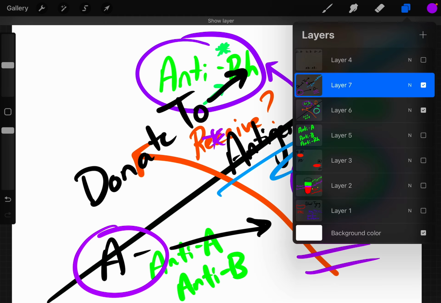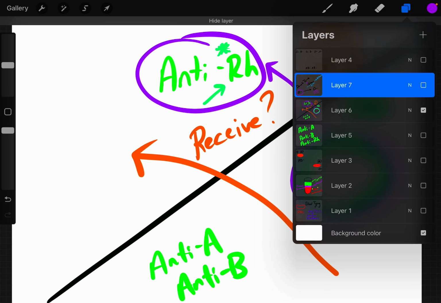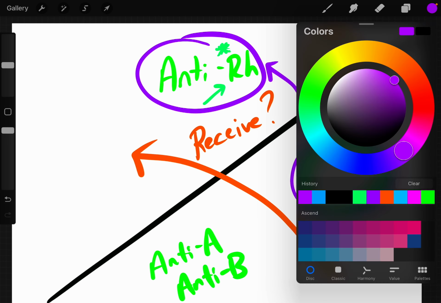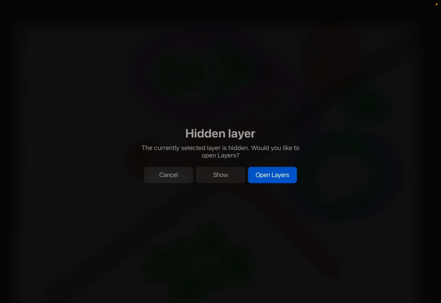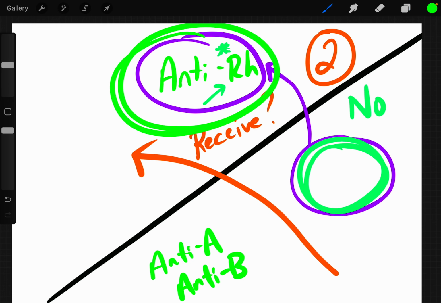So for the example that we used here, the way we compared the antibodies here versus the flags on this side, you always compare flags to antibodies every single time.